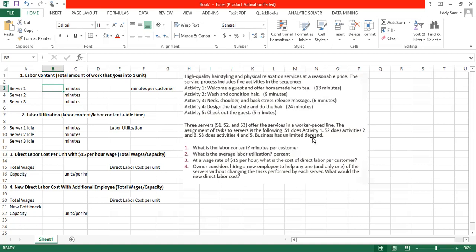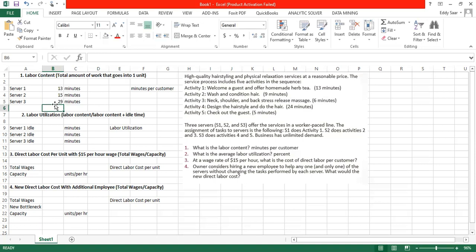Server 1 does activity 1, just 13 minutes. Server 2 does activities 2 and 3, so that's 9 plus 6, 15 minutes. Server 3 does activities 4 and 5, which is 24 plus 5, 29 minutes.